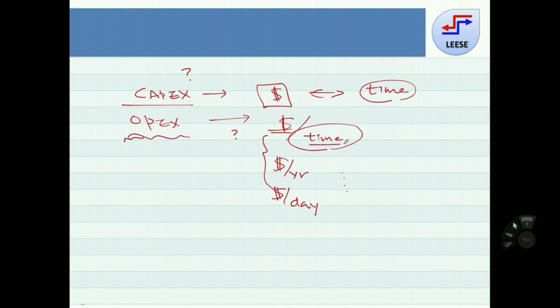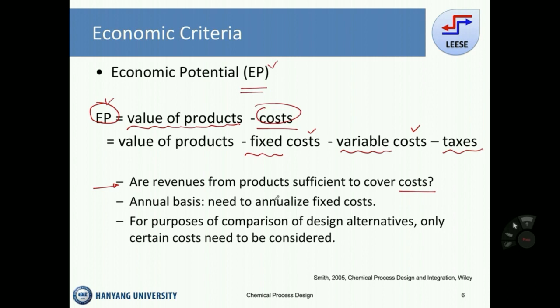But OPEX is spread throughout the whole time horizon. We're spending money this month, we are spending money next month, and for the next 5 years we are spending the operation cost, utility cost, electricity cost. So sometimes we need to have some common basis, that is called the annual basis.